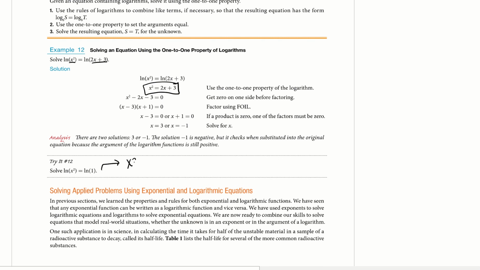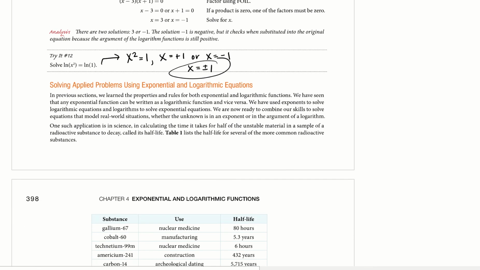So this would be x squared equals 1, so x equals plus 1 or x equals minus 1. So x is plus or minus 1. They both work. You'll have to check if some give you actual answers, so I'd recommend plugging them back in.